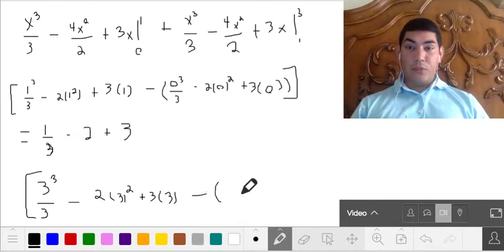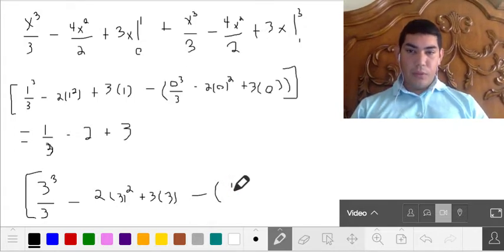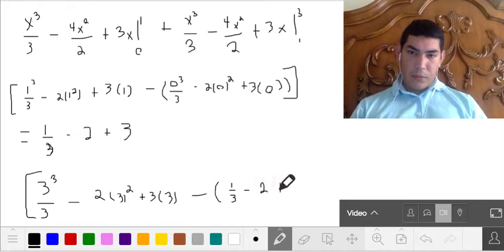Now we're going to substitute a 1, which is what we got in the beginning. Since it's the same, I'm just going to write what we got as our solution, which is 1/3 minus 2 plus 3. So we want to simplify that.